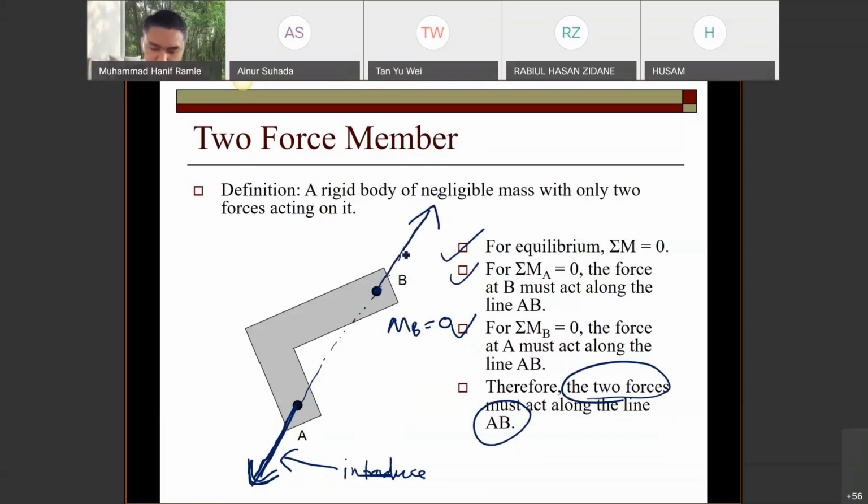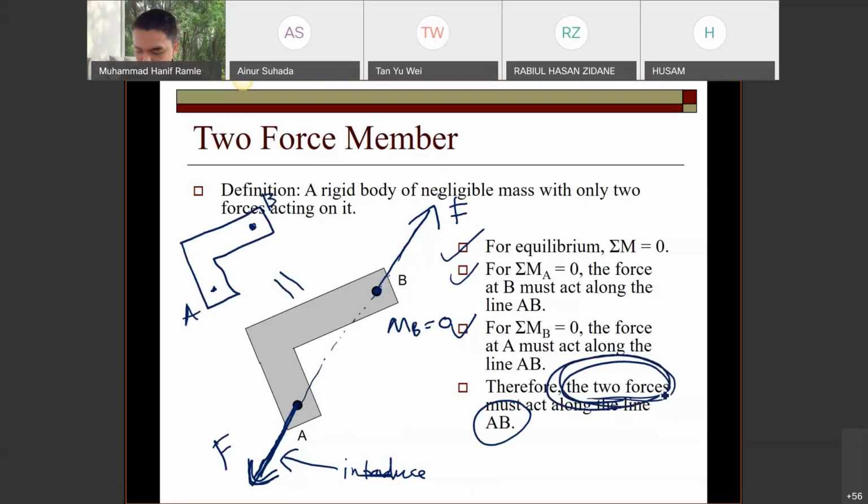This force and this force cancel each other, giving the initial rigid body with no forces and no moment acting on it. So the two forces must act along the line AB. These are the two forces that you introduce to simplify the calculation later on. I will show you the example.